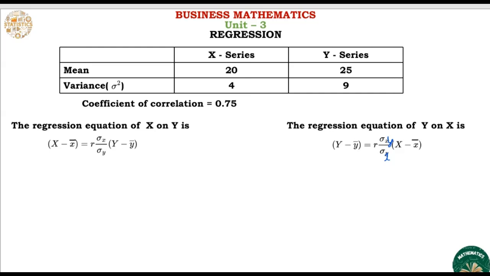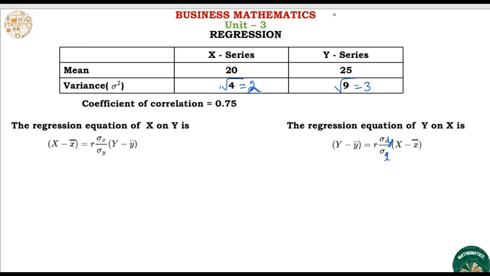So yeah, we will solve this problem. To solve this problem, they've given the values here. We will substitute and get the answer. So the first problem is given, and we are going to solve it. Rho x will be the root of 4, which is 2, and the root of 9 will be 3.